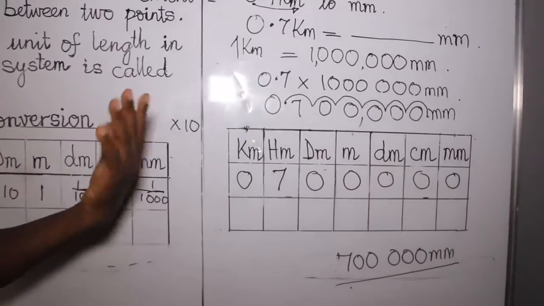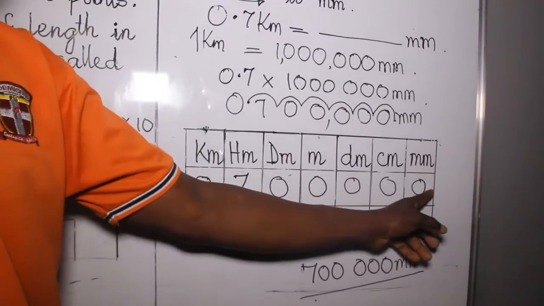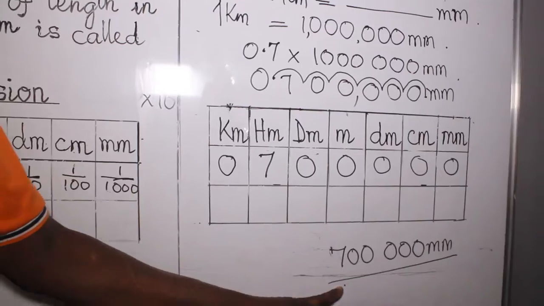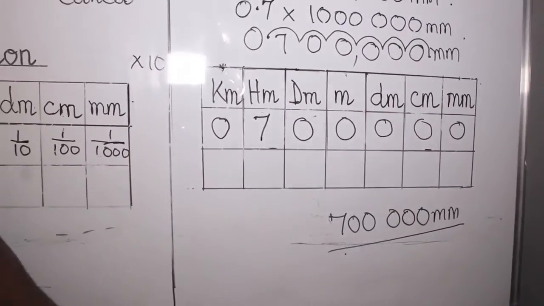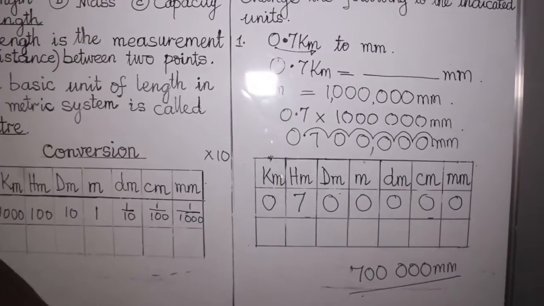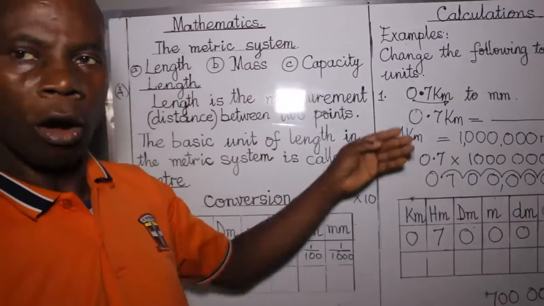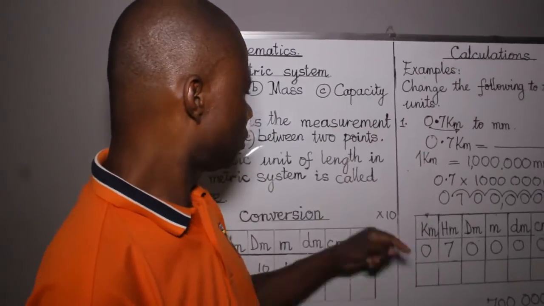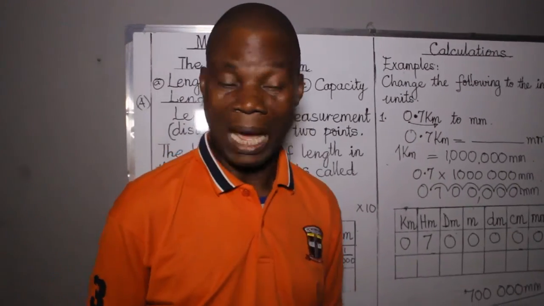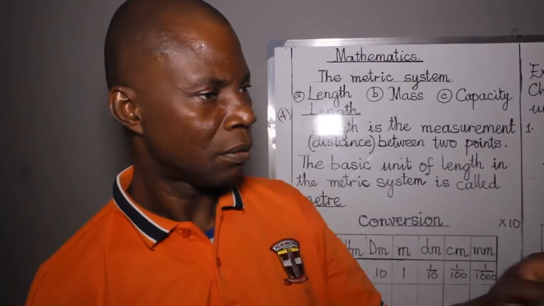And the 0 in front goes off, because we are changing to millimeter, so no decimal point. Our final answer is 700,000 millimeters. With this, we have come to the end of our first example. See you in the next class for the next example.